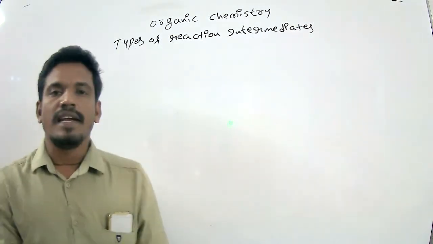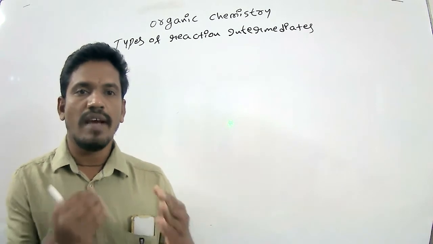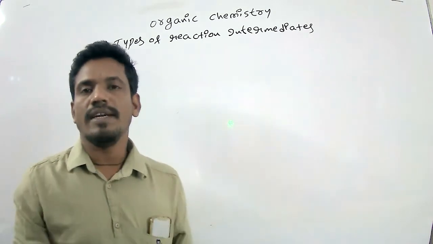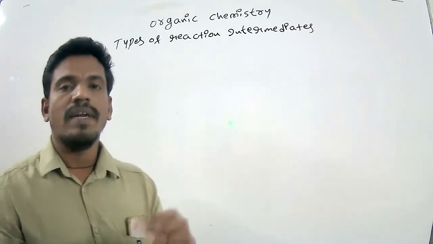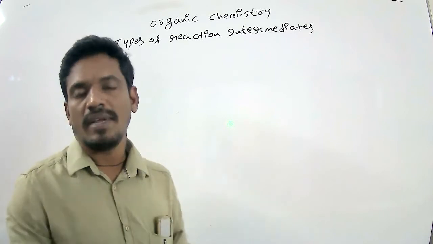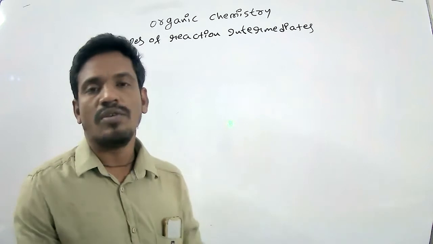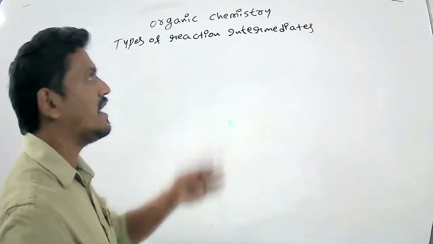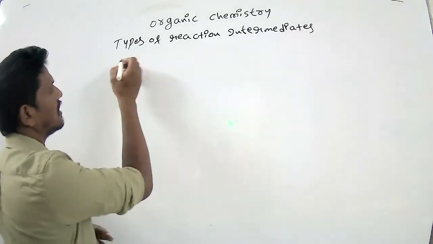In every organic reaction, reactants will form a reaction intermediate, and that intermediate will convert into product. So before forming product, the reactant will form a suitable reaction intermediate, and the reaction intermediate will convert into product. Different types of reaction intermediates are found in organic chemistry, and now we are discussing them.